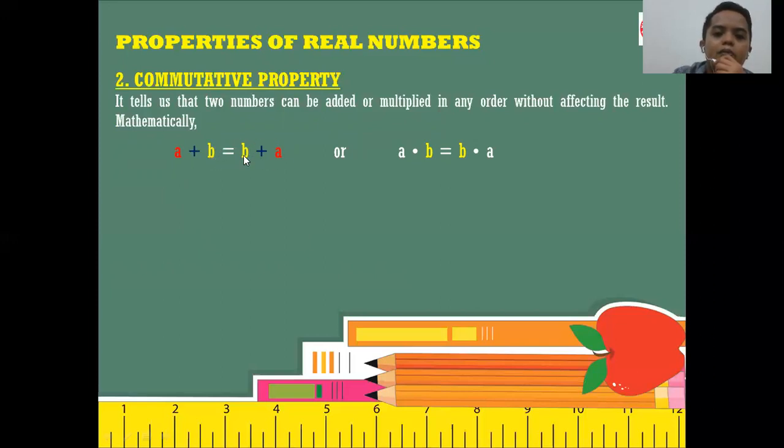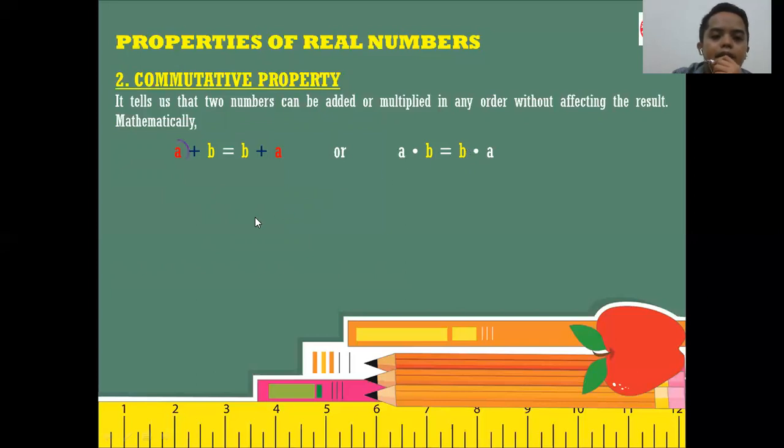The B now would be first, but the operation, the addition, will remain. Likewise, in multiplication, A and B, the B is interchanging, but the operation of multiplication is not moving. Only the expression moves, maybe it is a number or variable or an equation.